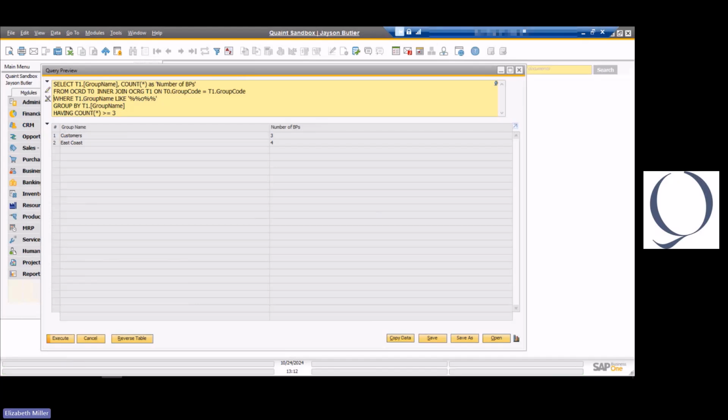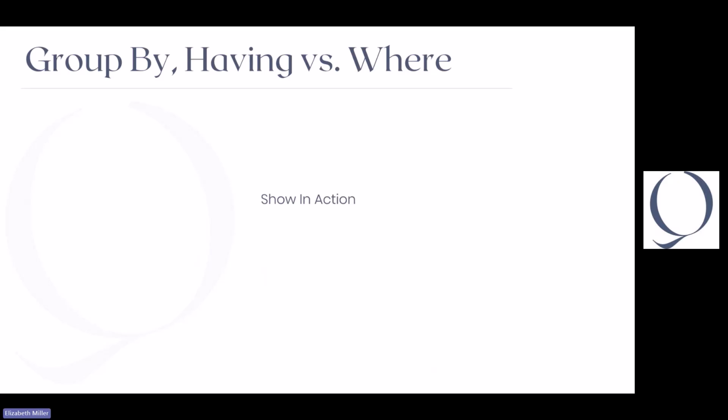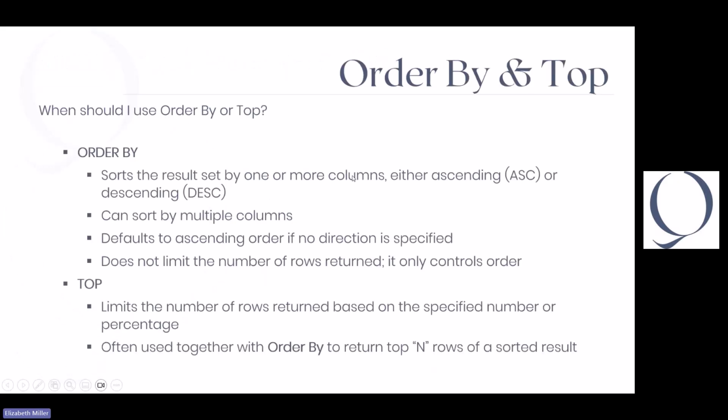Okay, so let's continue to expand on this and add to our repertoire here. What else can we do? We can add and talk about the order by and top clause. The order by is a way to sort your results by one or more columns. You can add extra syntax to tell it whether you want to sort ascending or descending.